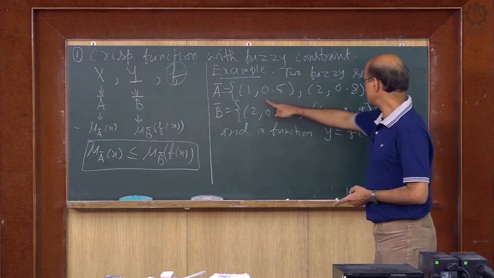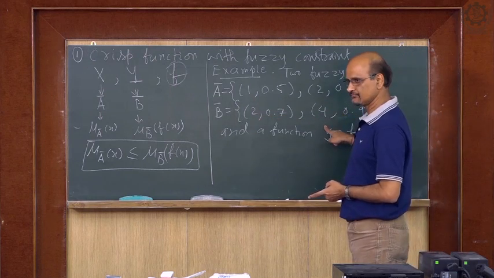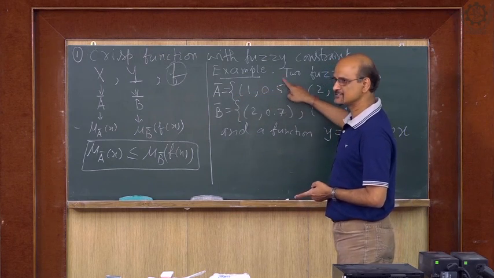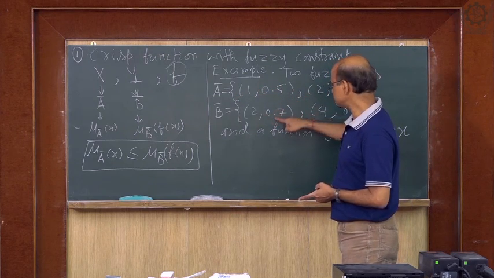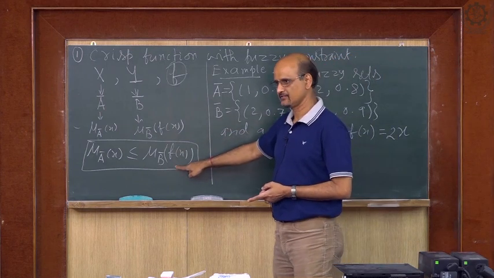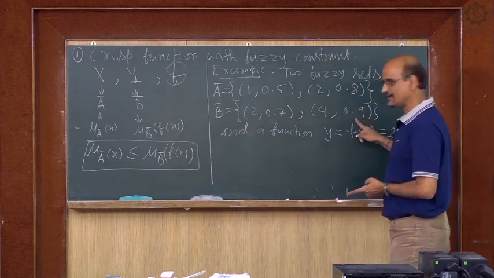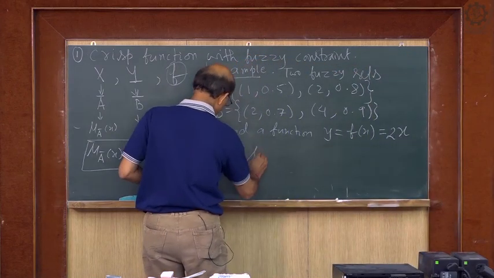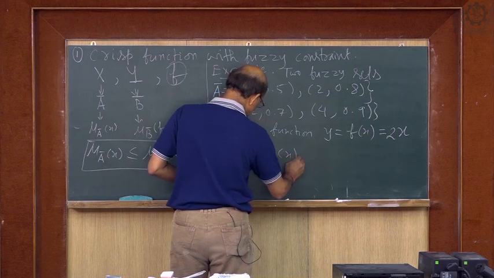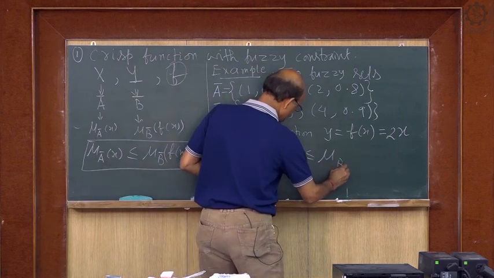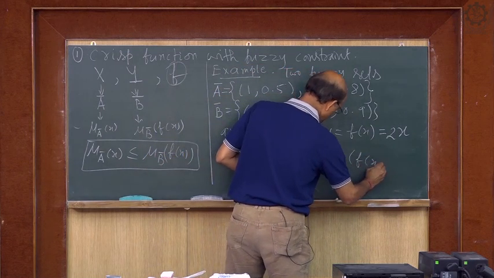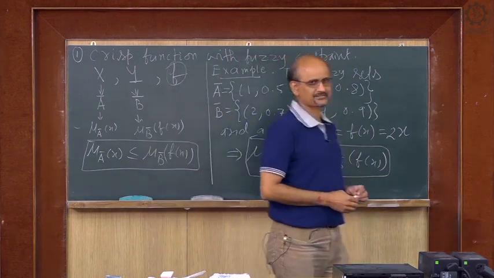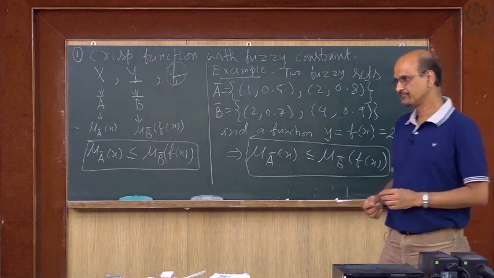So, f of x is 2x: 1 to 2, 2 to 4. Now, see the conditions here. A bar membership function is 0.5, here B bar membership function is 0.7, which is satisfied. Here also 0.8 less than equal to 0.9. So, we have all mu A bar x less than equal to mu B bar f of x. So, this is the first type of function. Fine?